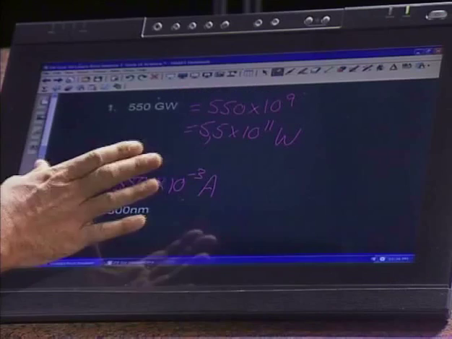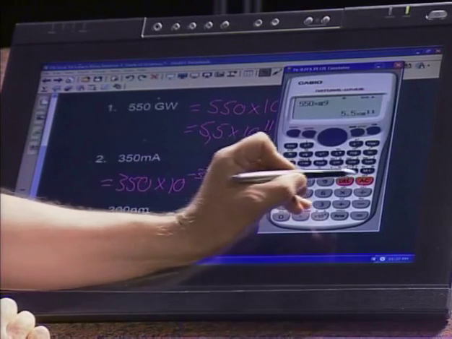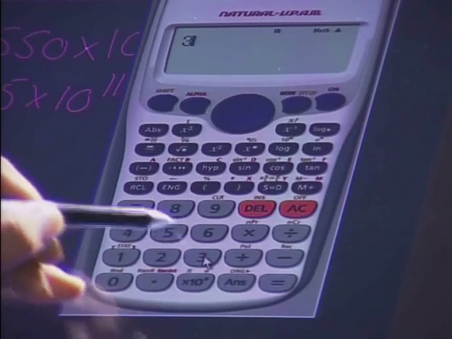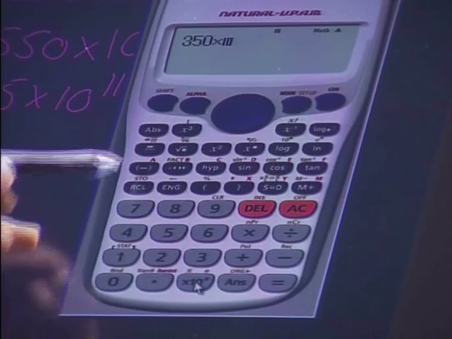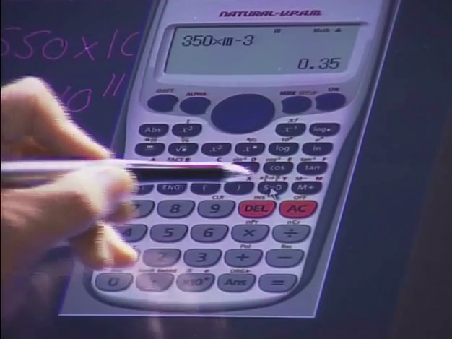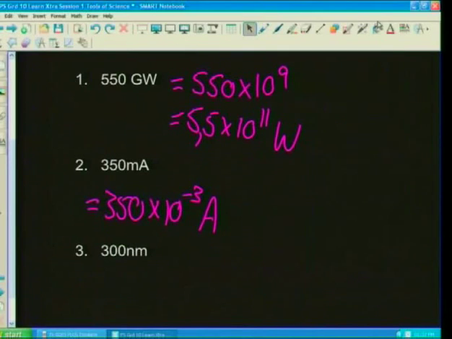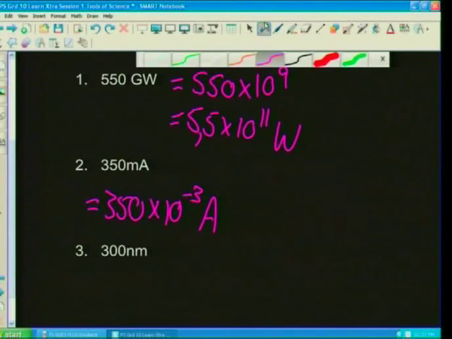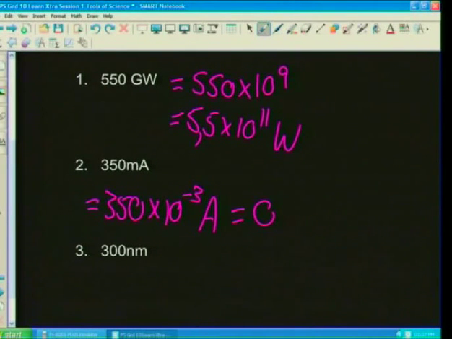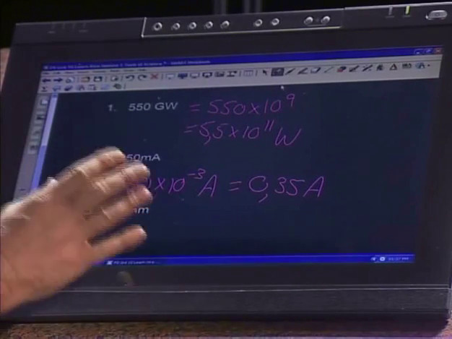Now I could leave it like that in a calculation, or I could do it on the calculator and get the answer: 350 exponent minus 3 equals, and it's given to me as a fraction. On the calculator I can convert it to the whole number, 0.35 amps. So put it into whole numbers. When they're less than 1,000, you can write the answer like that. It's no longer in scientific notation. My rule is if it's got 2 decimal places, that's fine. If it's 3 decimal places, rather put it into scientific notation.